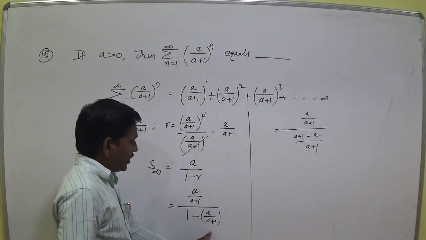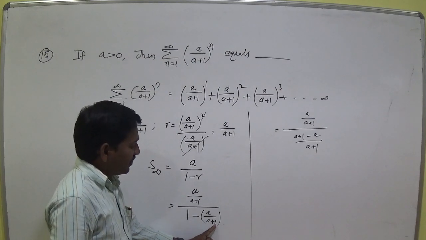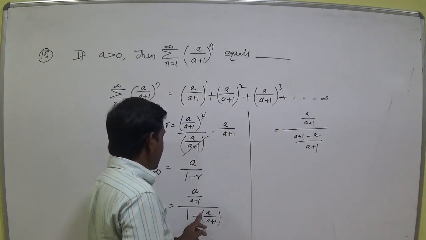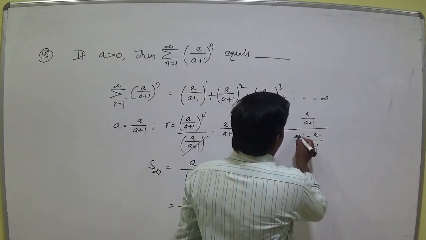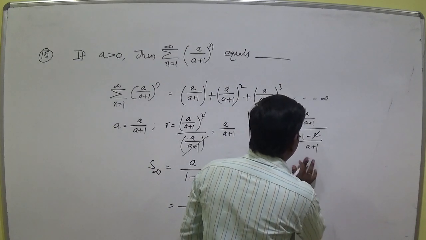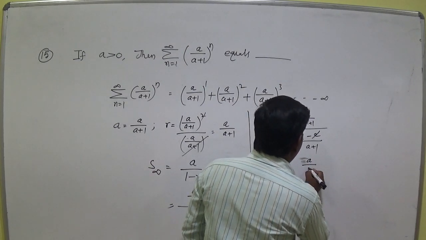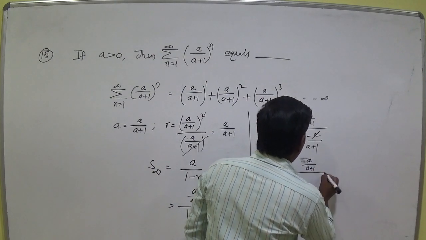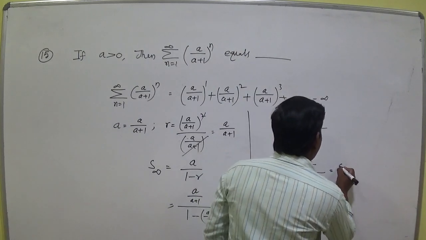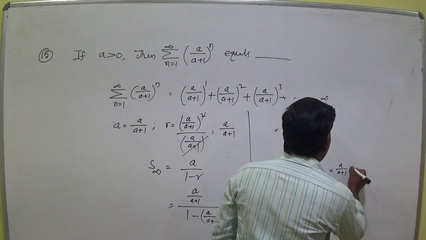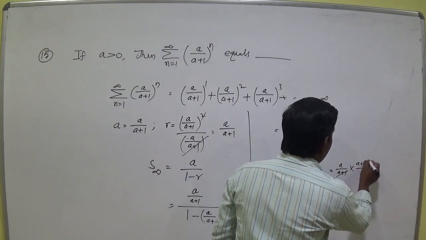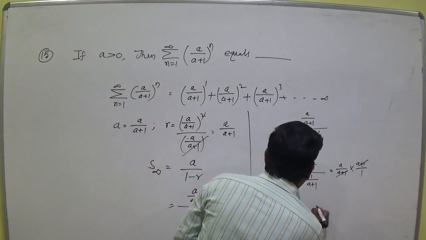So we have to take the LCM. A plus 1 is the LCM. 1 into a plus 1, minus a. Plus a minus a both are cancelled. So a by a plus 1 whole by 1 by a plus 1, and a by a plus 1 into a plus 1 by 1. A plus 1 both are cancelled. We got a.